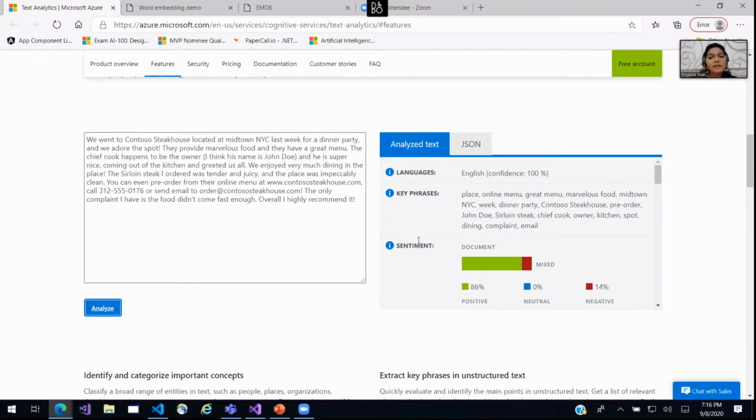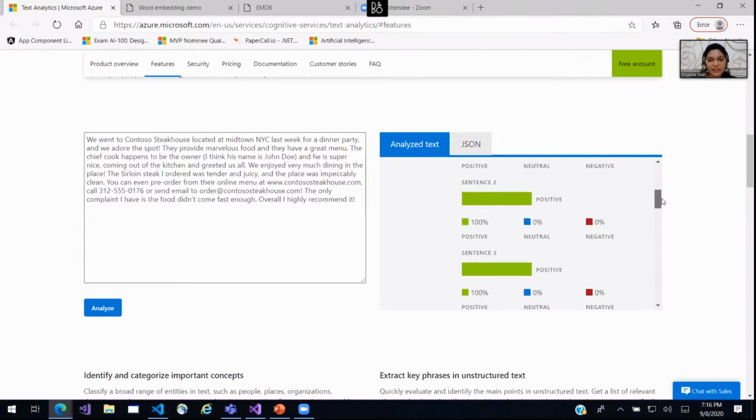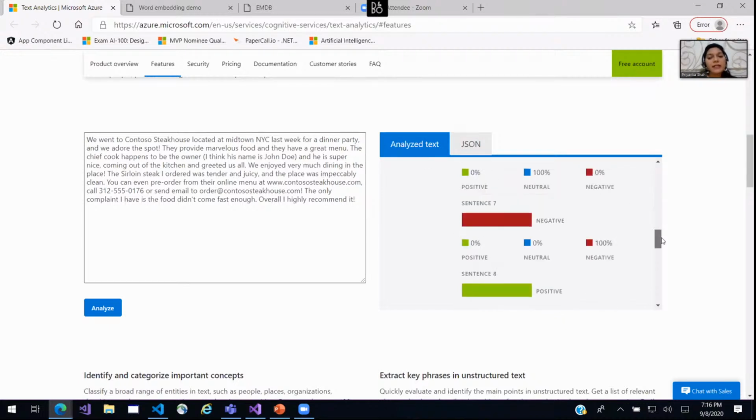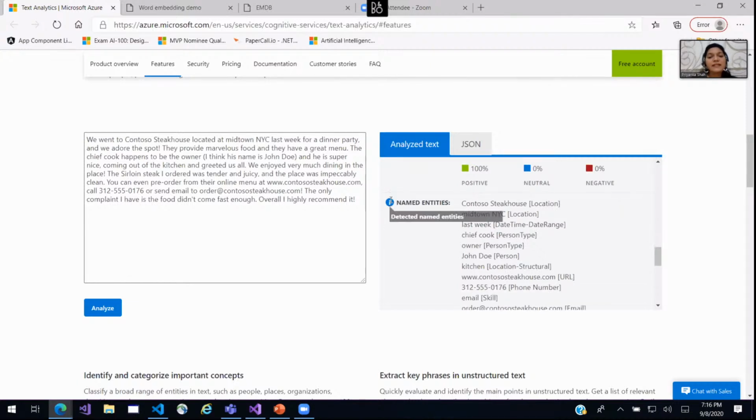Okay. Sentiment is positive, with 86% confidence. Then it analyzes sentiment per sentence. Okay. And then it gives us something called named entities, which are the names of places or geographical locations or addresses, or maybe a skill, like for example, cooking or some type of cuisine.